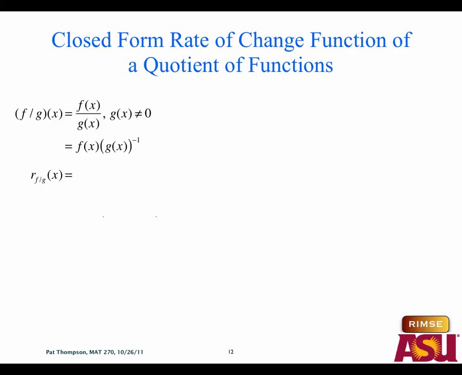Now I want you to practice applying the product and chain rules, because we've got a product here. Here's our first function, here's our second function. But when it comes to taking the rate of change of the second function, what kind of function is that? That's a composite function.